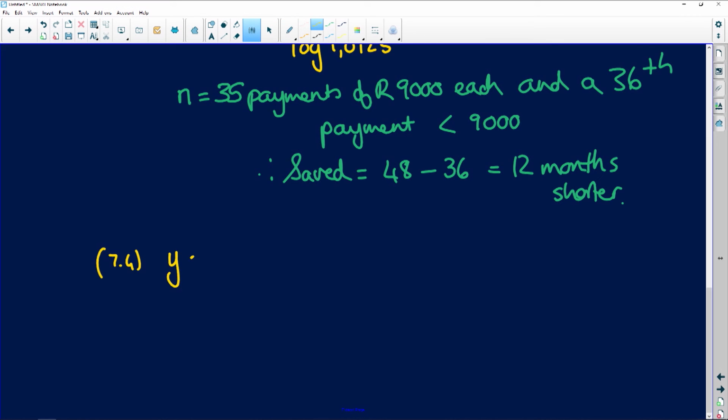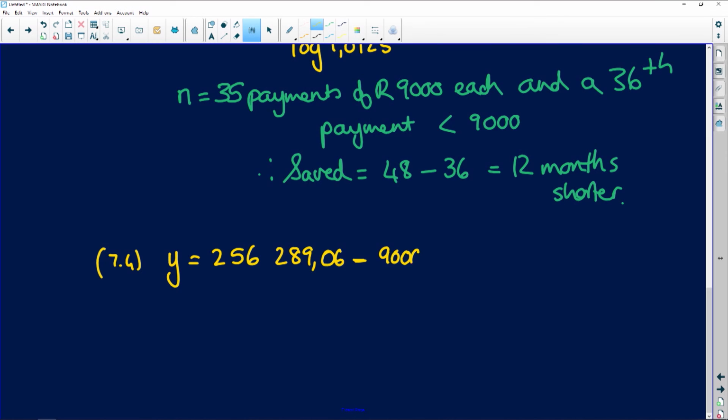Our final payment is the present value of this loan, which is 256,289.06 minus the present value of all those 9,000 Rand payments. Okay, so it is 9,000. We take it back, 1 minus 1.0125. How many of those payments? Well, we said there's 35 of them.